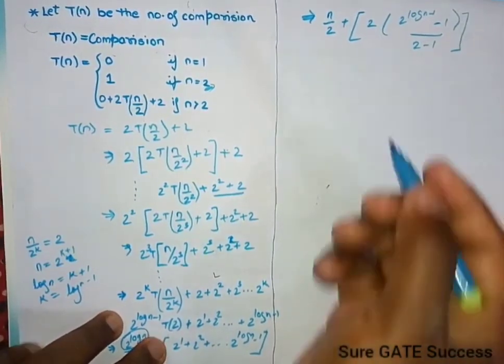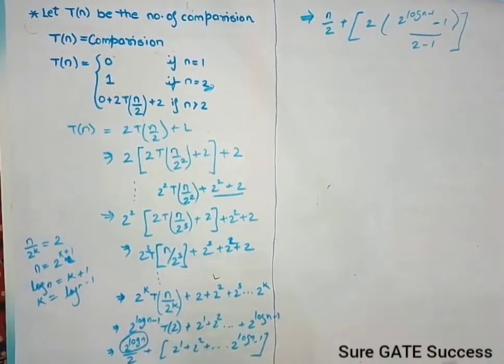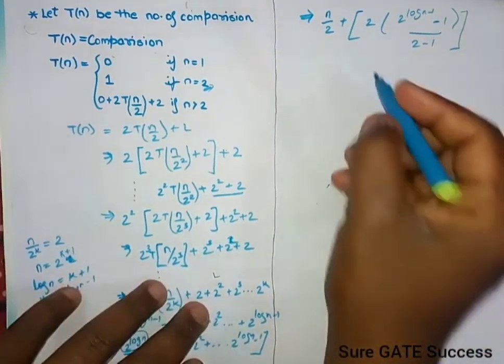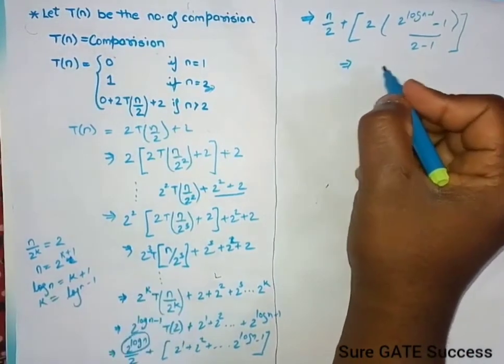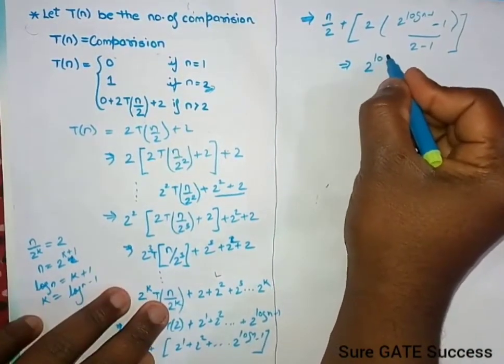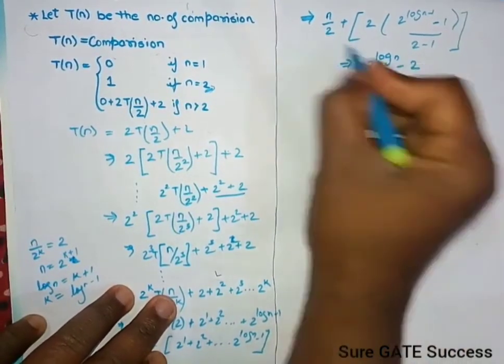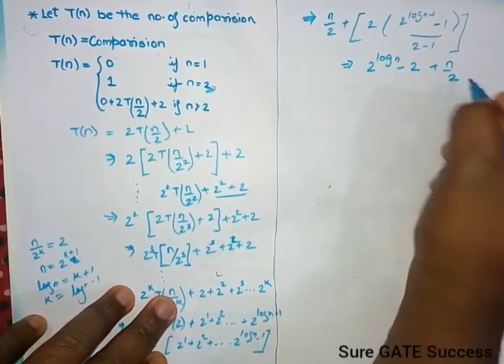It is in GP, so there is a formula for solving it. Just refer to the notes and you will easily get the formula. By solving it this way, it leads to 2 to the power log n minus 2, and this one is n by 2.